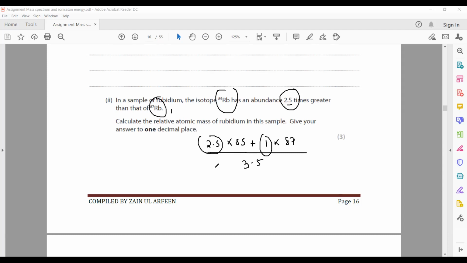So 85.57 or 85.6. Write two decimal places for an accurate answer, but 85.57 is three significant figures. Your answer should mostly be in three significant figures, but in this case the mass spectrometer can record to more than three decimal places. That's why it is also a right answer. Is it clear? Any discussion?